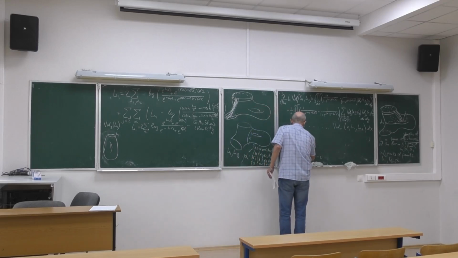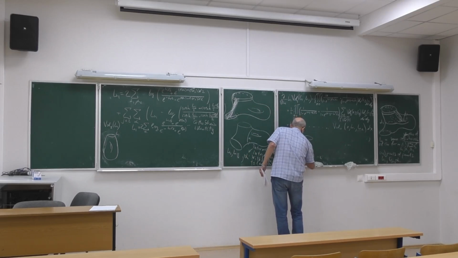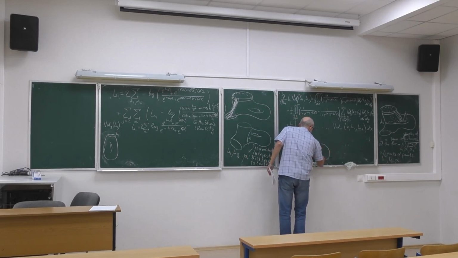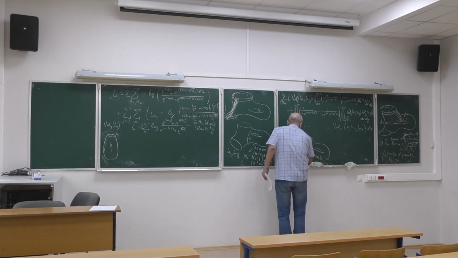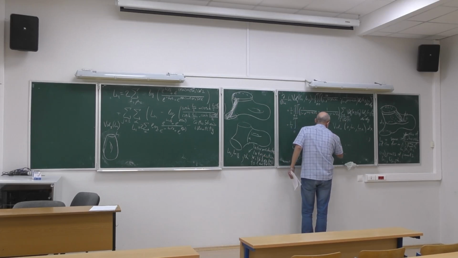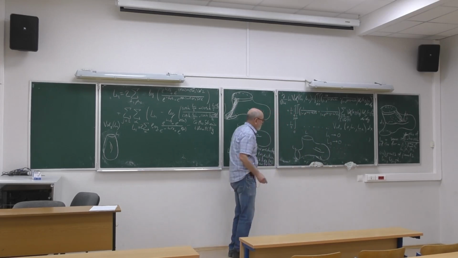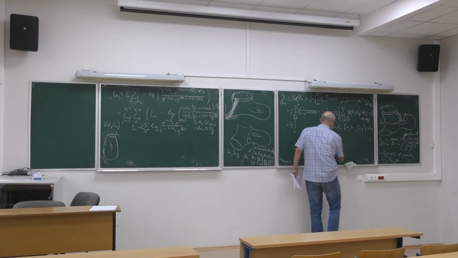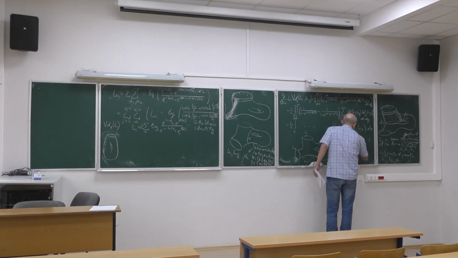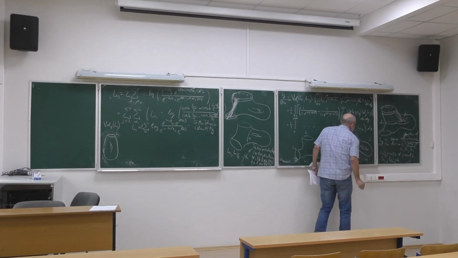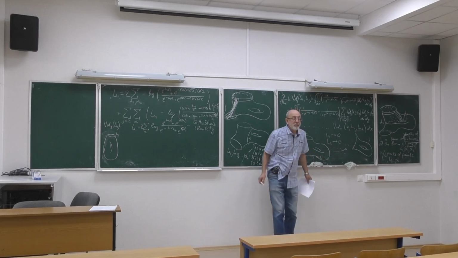So, when we have such a surface and we make L1 tend to 0, L2 tend to 0, and so on, then our surface tends to a surface with punctures.